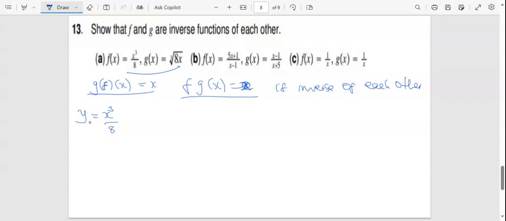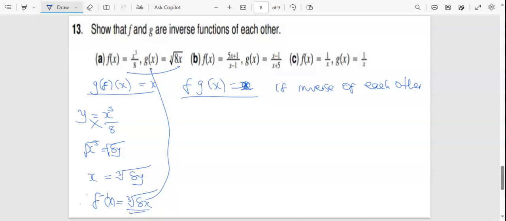You do this, you multiply like that, so that would be x cubed is equal to 8y. Okay, so that would be x is equal to the cube root of 8y. So you say therefore, okay, the inverse of this function, all right, is equal to the cube root, then you put x wherever there's y, so you see that this is equal to that. Okay, so that's one way you can show it. Again, when you do the same thing again, it will take you back to this one.